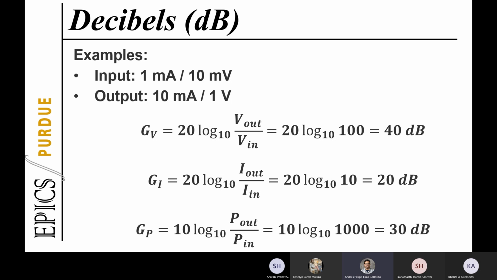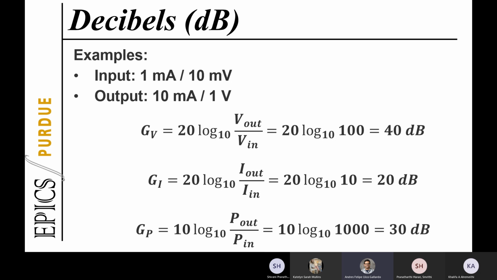The same now if we look at the current: log 10 of 10 is 1, times 20, that's 20 dB. And now if we look at the power, we need to remember that this is power, not amplitude. Therefore, we're using 10 instead of 20. So we have 10 log 10 of 1,000, that's 3 times 10, which is 30 dB. So we see these numbers are much more compact, and they convey the same information.